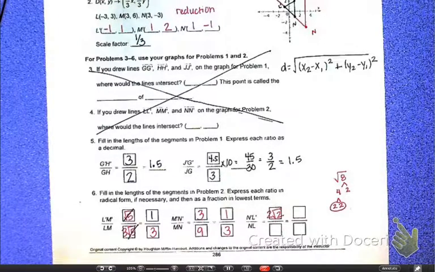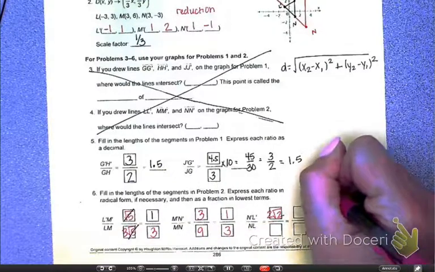What about group H and I? What'd you get for the distance of NL? What'd you get when you used the distance formula? Okay, so is the square root of 72 simplified?